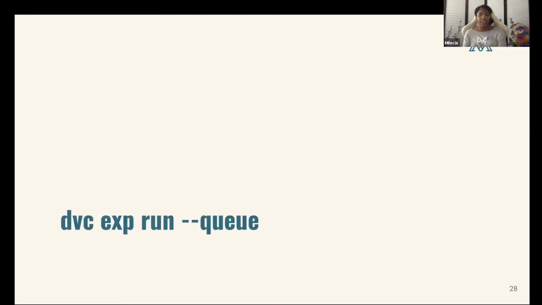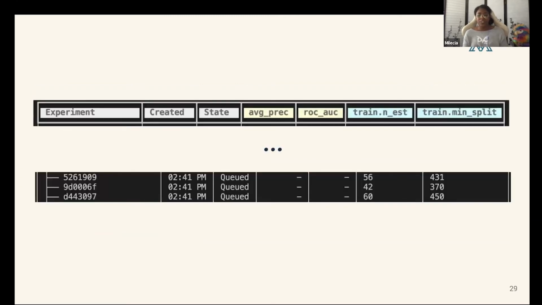So again, you set up another queue of experiments because those didn't give you the results you were looking for. And now you're running through more experiments from a random search, and you've isolated the NEST values. So we're trying to figure out which hyperparameter maybe has a larger impact on our model's performance. So we're going to keep the NEST values under 100, and we're going to keep the min split values over 350.